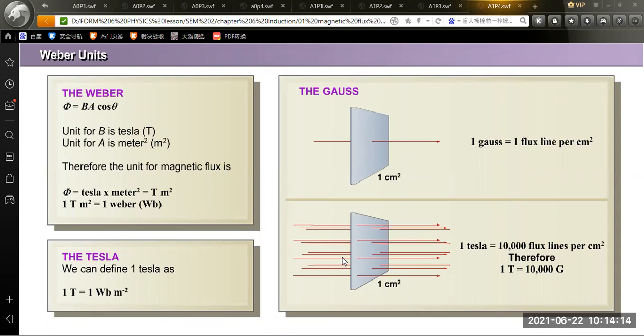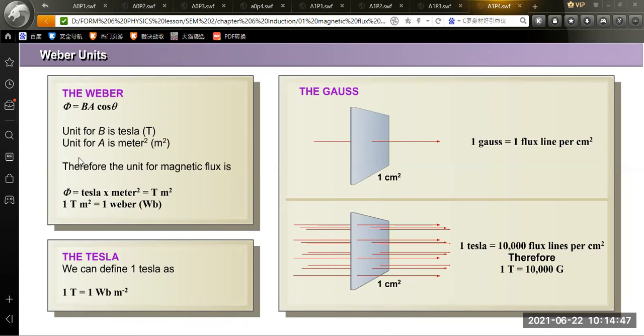Easiest is 1 Tesla equal to 1 Weber per 1 meter square. So 1 Tesla means that in a cross-sectional area of 1 cm square, there will be 10,000 magnetic flux lines. That is the density of the magnetic field.